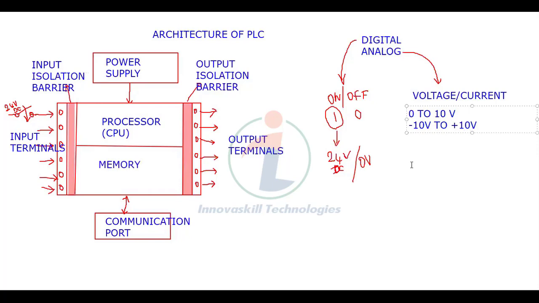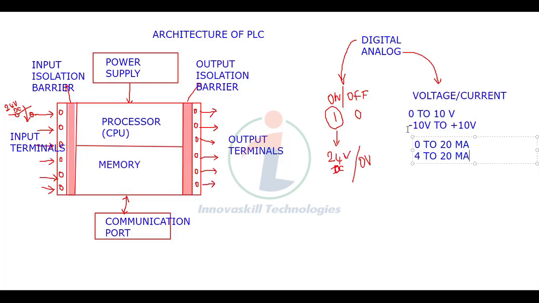In case of current, you have separate ranges like 0 to 20 milliamps and 4 to 20 milliamps. Like this, different ranges are there separately for voltage and current. This is how it will be classified.